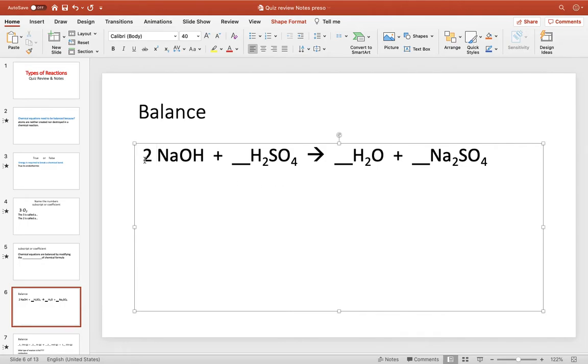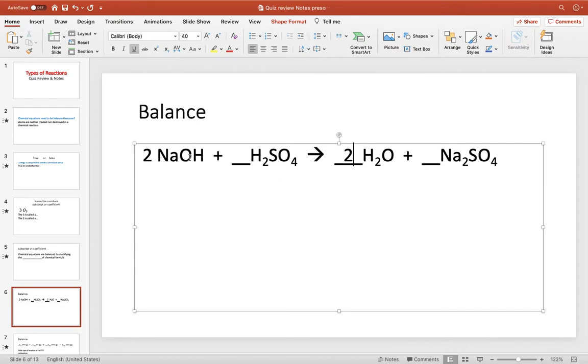We have 2 hydrogens here and 2 hydrogens here, and we only have 2 hydrogens on the right side. So we have 4 on the left, 2 on the right. So we got to get 4 on the right and 4 on the left. Okay, so we've got the sodiums balanced. We have the hydrogens balanced because there's 2, 4, and then there's 2 times 2. There's 4 on the right.